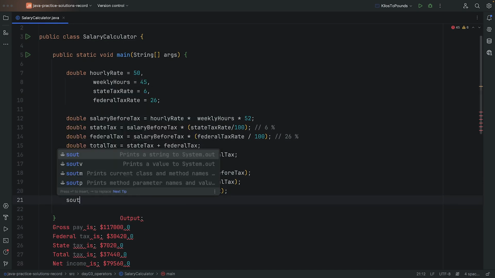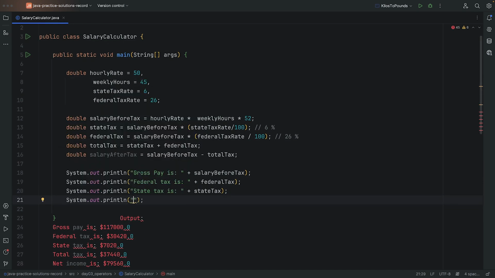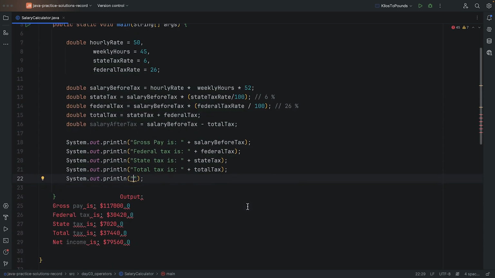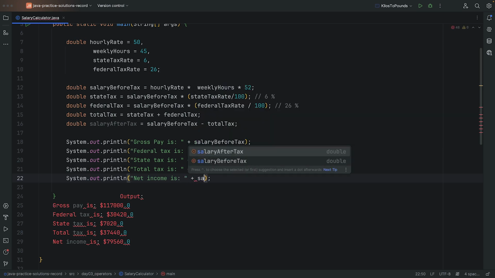Then we have how much total tax, basically the combined of them. So this is going to be my total tax is, and that's going to be whatever amount that is, so total tax. And lastly, we have one last thing to show, which is my net income, so how much I'm actually going to get after taxes. And my net income is the salary after tax.